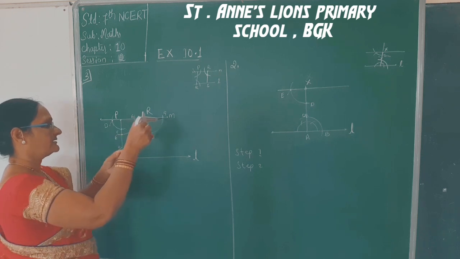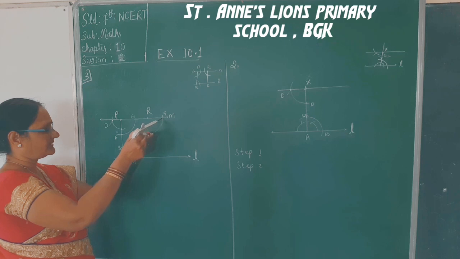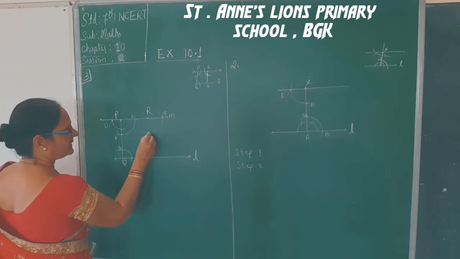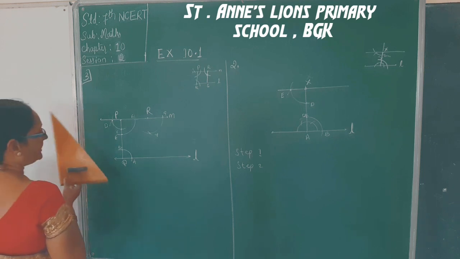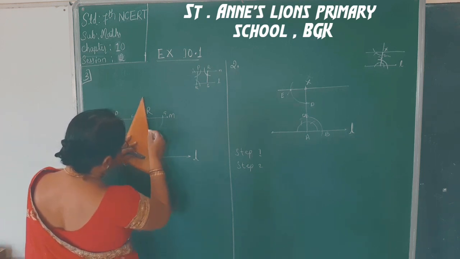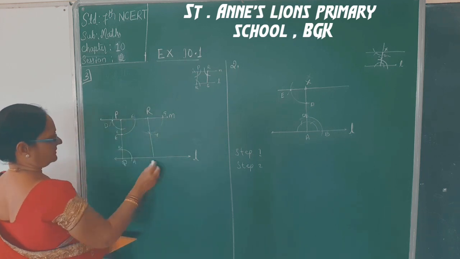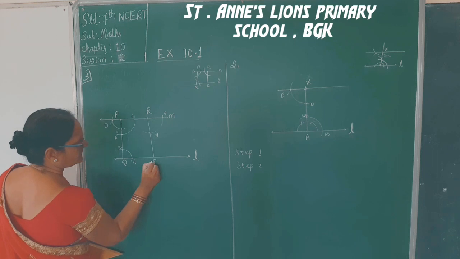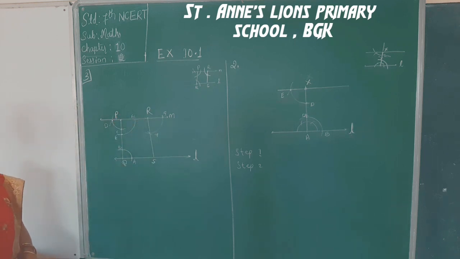See, measure like this from G. It is cutting here at the point H. Now you have to join this RH, and this is parallel, and it is meeting at point S. Now PQ and RS are parallel lines.